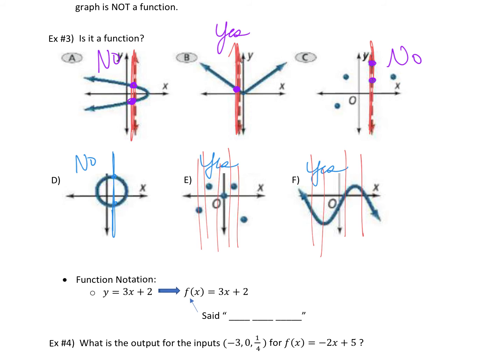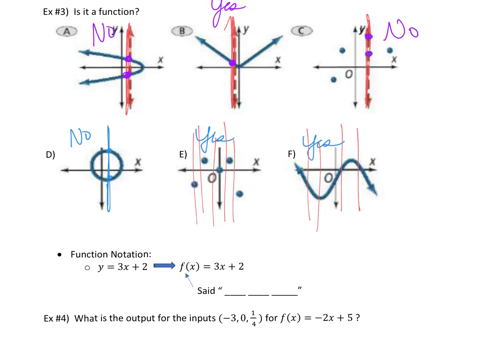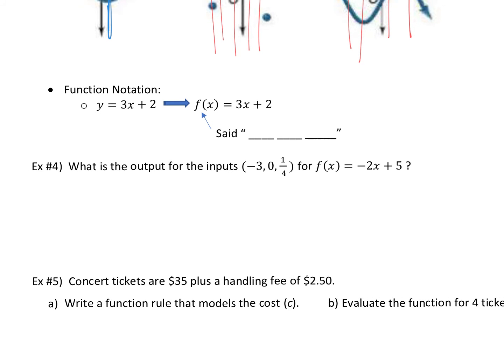Okay, so then function notation. This tends to throw people off a little bit because they see X and they think I'm talking about X. I'm not talking about X, okay? Function notation is this. If you have Y equals 3X plus 2 and we want to write it in function notation, we write it f of X instead of Y, okay?